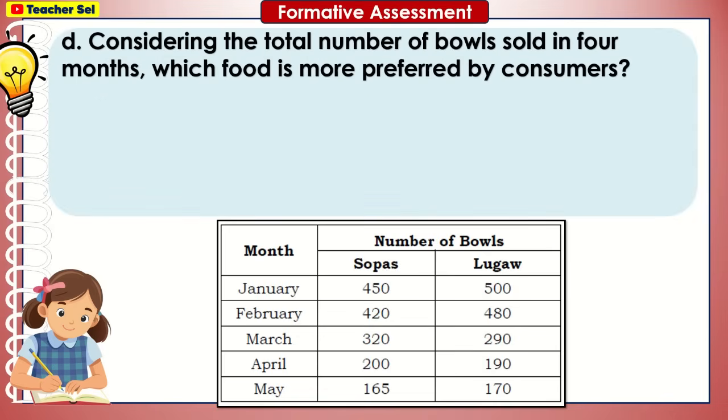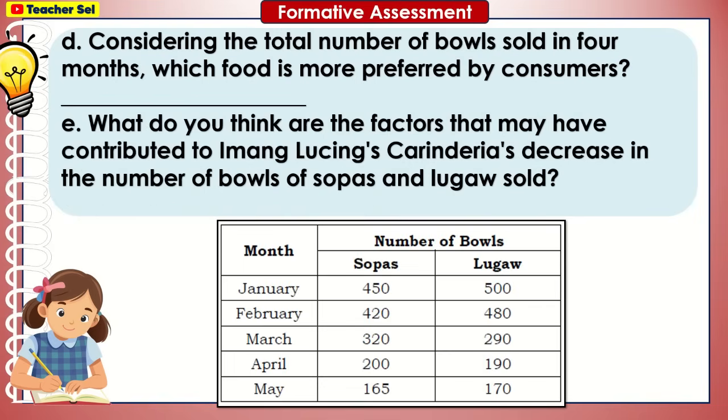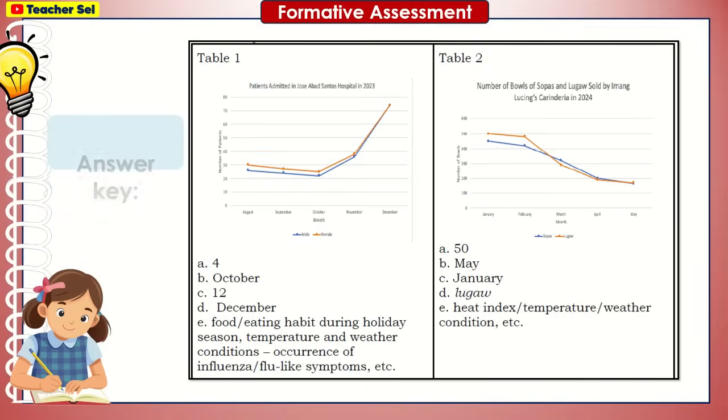Considering the total number of bowls sold in 4 months, which food is more preferred by consumers? What do you think are the factors that may have contributed to Imang Lusing's Karinderya's decrease in the number of bowls of sopas and lugaw sold? Here are the correct answers.